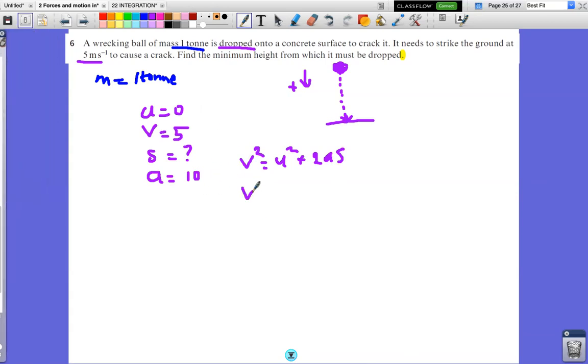So we'll have v squared equal, this is 0, plus 2 times 10.